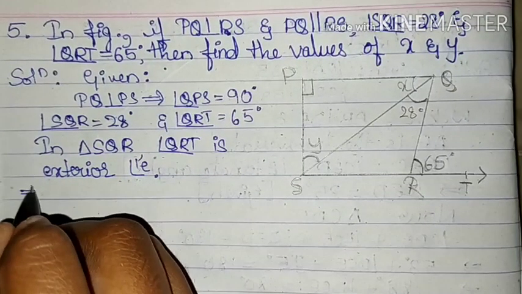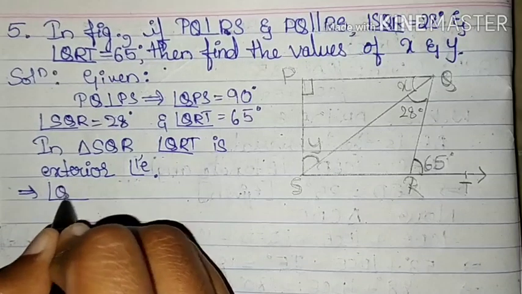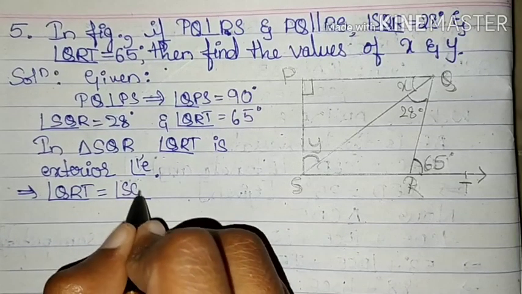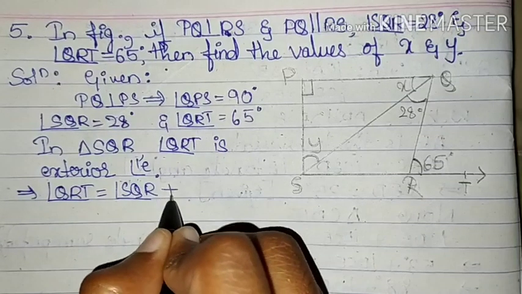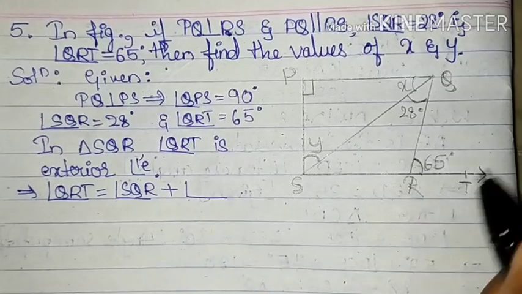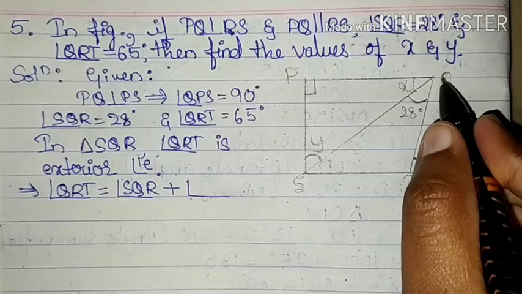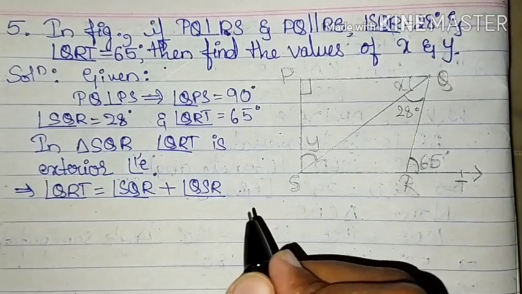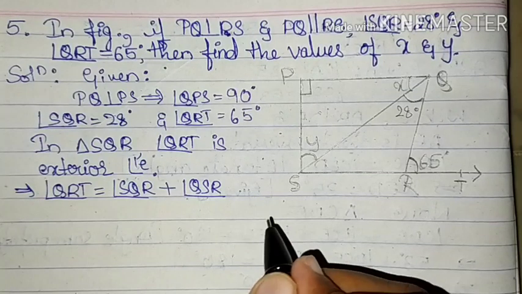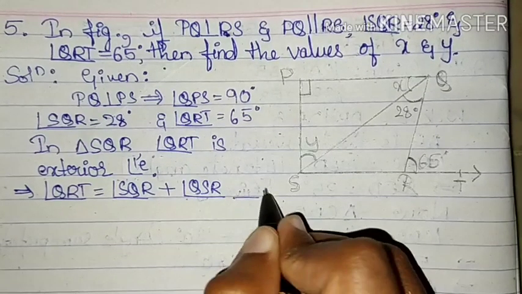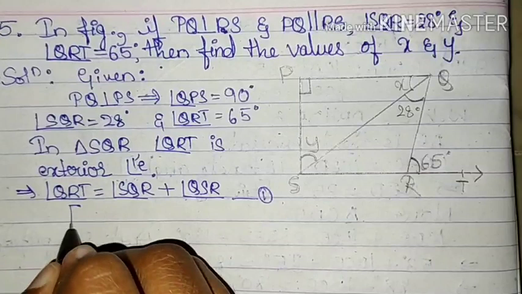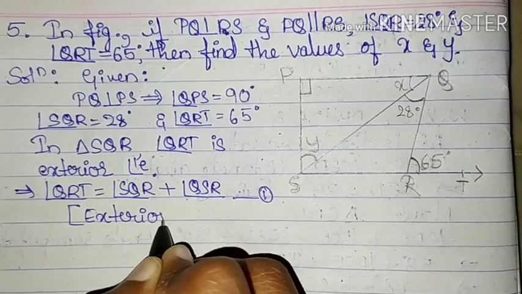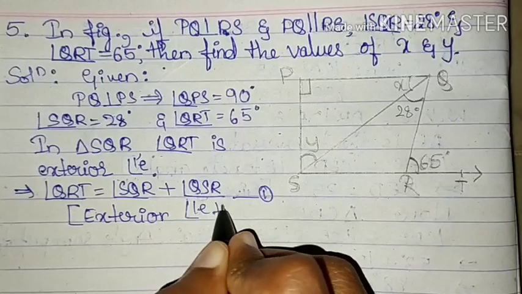So this implies angle QRT is equal to angle SQR plus angle QSR. Name this as result 1. Write the reason: exterior angle theorem.